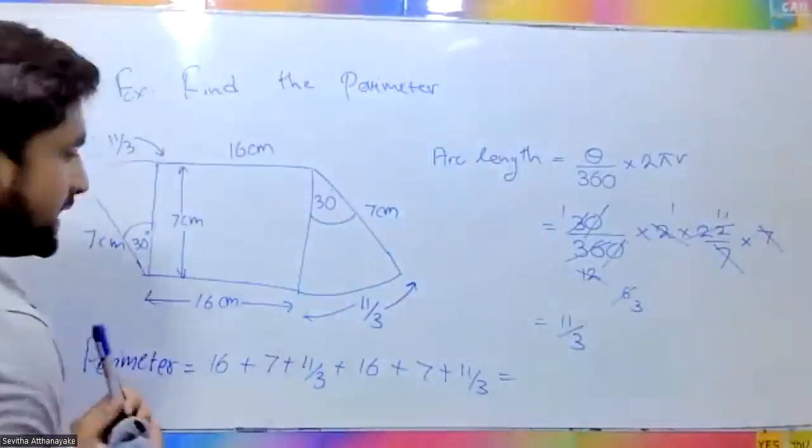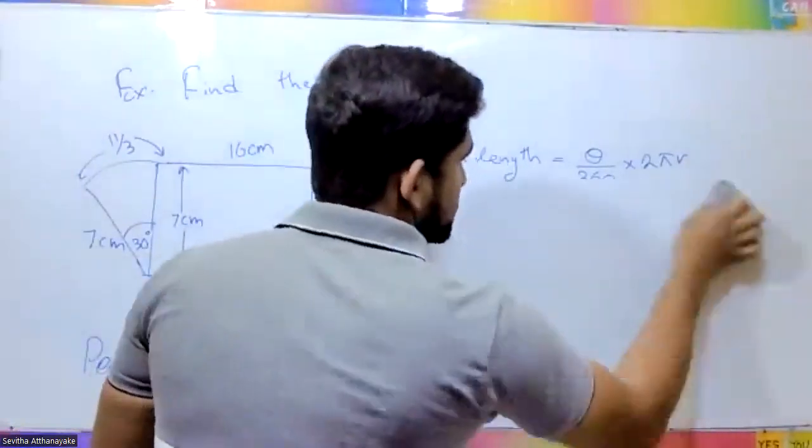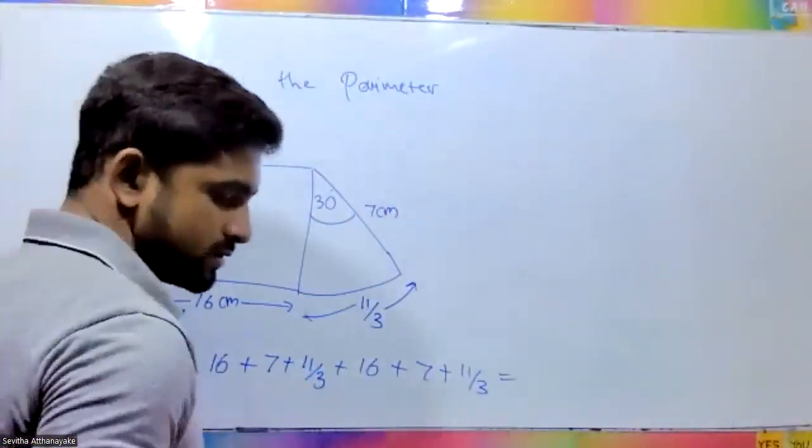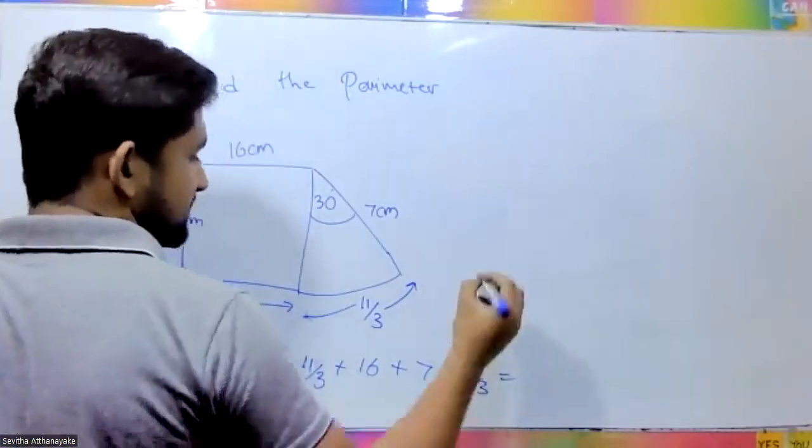Then here we have two fractions, 11 over 3.